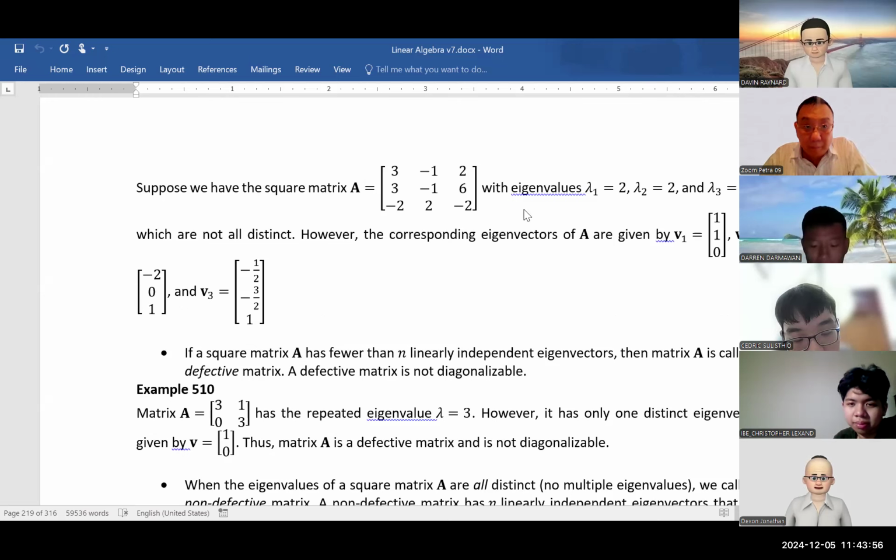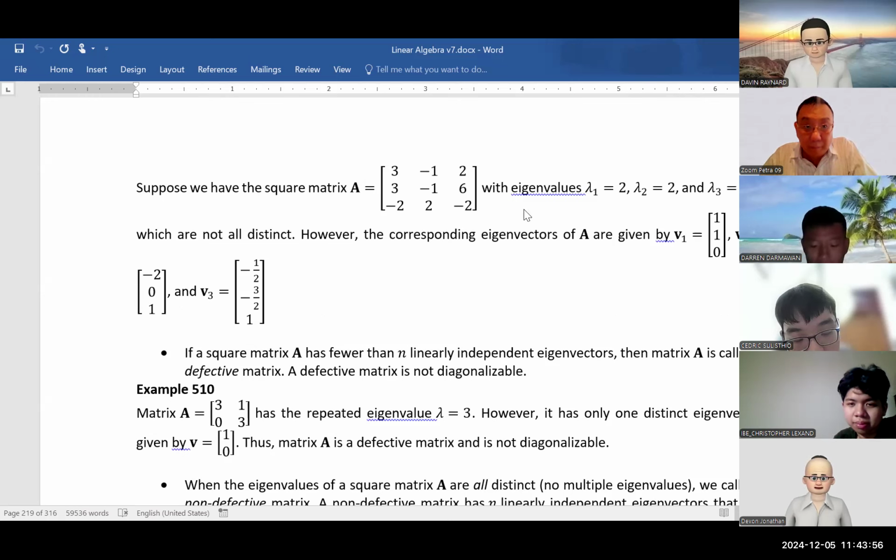So once you have the eigenvectors, you can concatenate the eigenvectors to become a matrix.